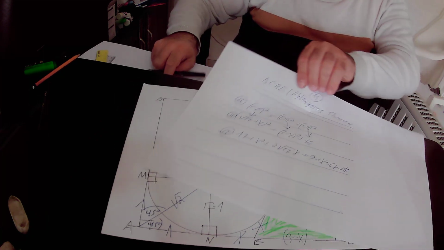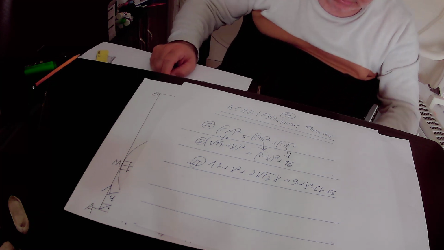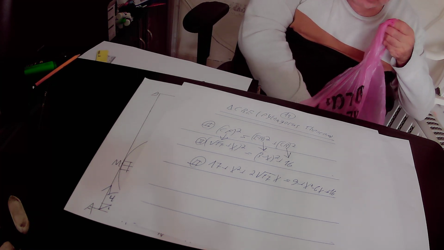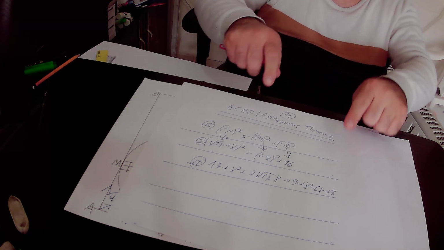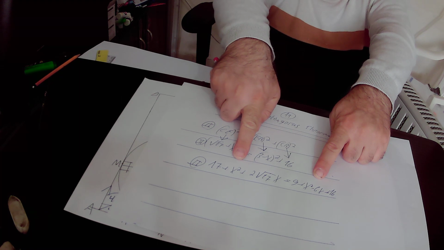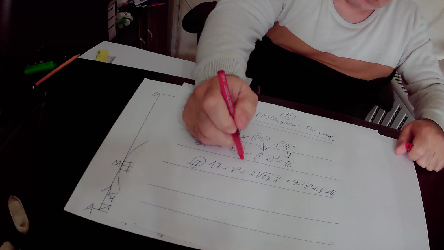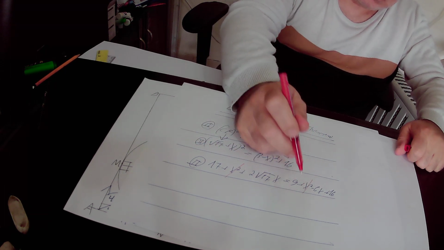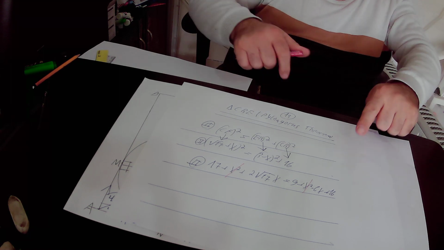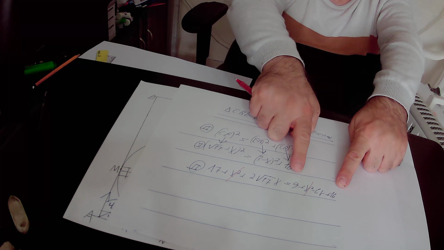So here we have x squared on both sides of equation number 2, so x squared will get cancelled, and here 9 plus 16 is 25, so I'll write it down.